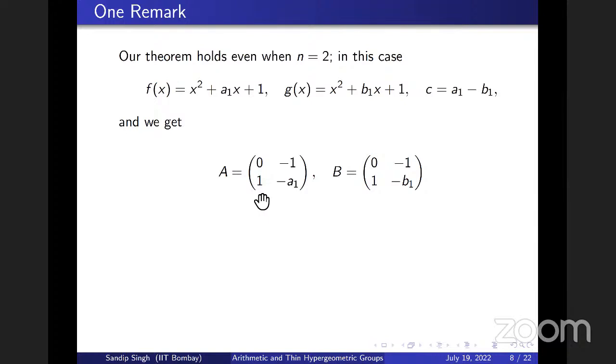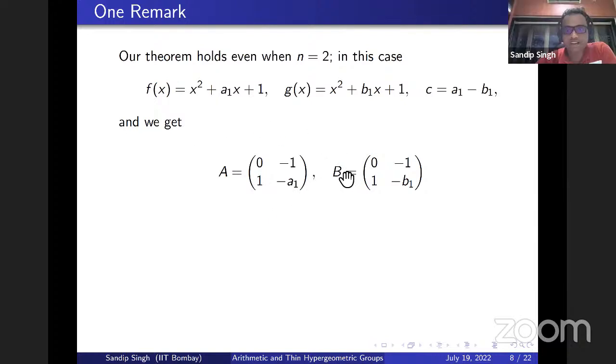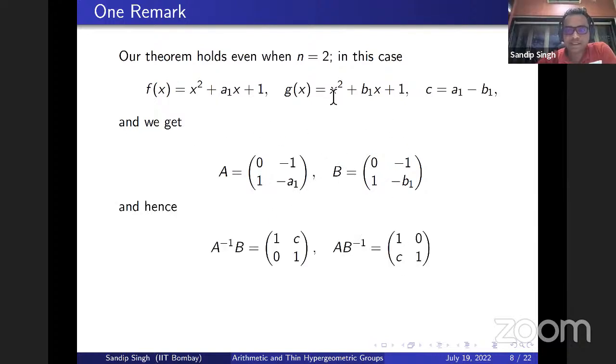And in that case, A is the companion matrix of f and B is the companion matrix of g. If we write A inverse B, then A inverse B is nothing but a unipotent matrix, 1 c 0 1, and AB inverse will be 1 0 c 1. So these two matrices are contained inside the hypergeometric group associated to the polynomials f and g.